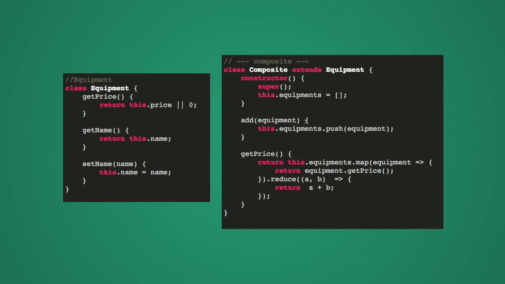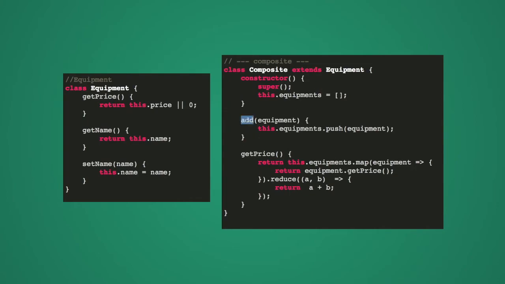What would happen if a composite would include another composite? You know, a composite that includes 5 more composites. Can it do that? It can do that, right? Because the add method expects an equipment, and a composite is an equipment. Do you see where the SOLID principles come into practice? The Liskov substitution principle, which states that a child class should have all the properties of its parent class and can pass in as a parent class.